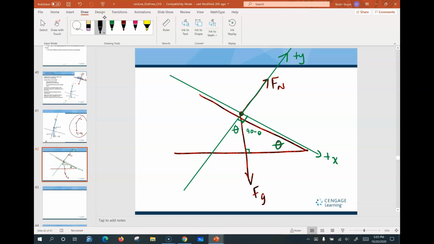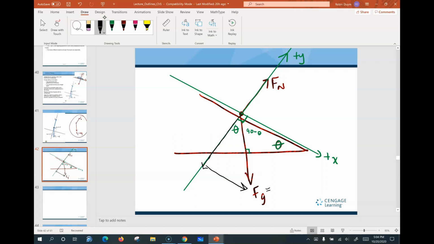And we're going to take this force vector and break it up into its components. So here we have the y component of the force of gravity and the x component of the force of gravity. Now the only thing you have to watch out for is that this is now our opposite side and this is now our adjacent side.